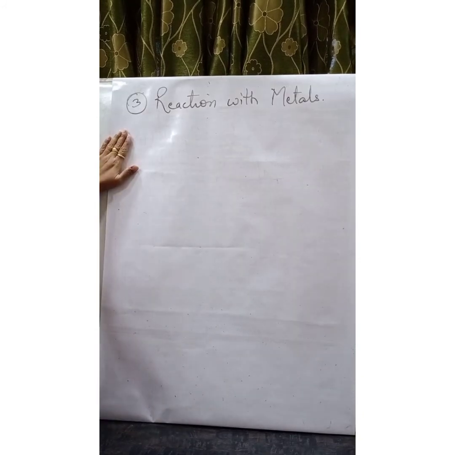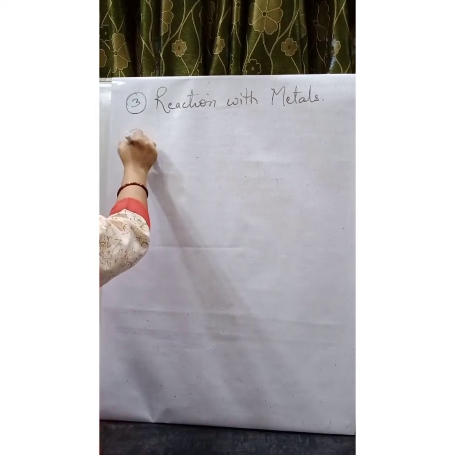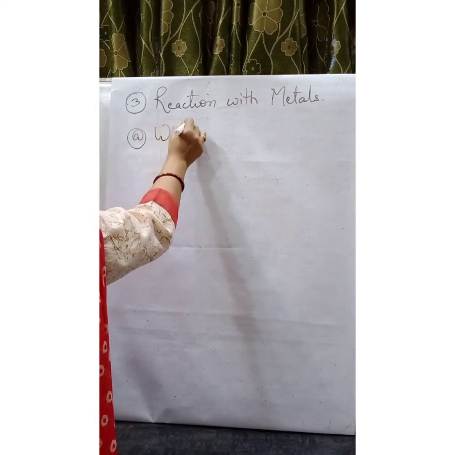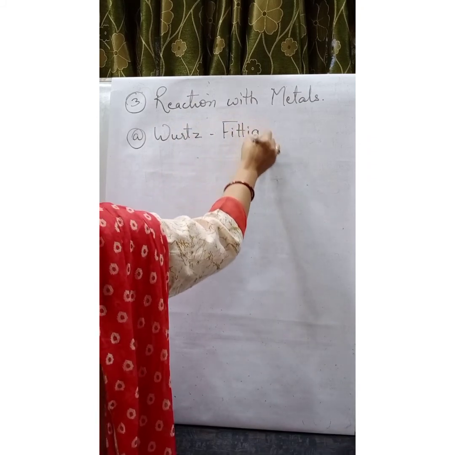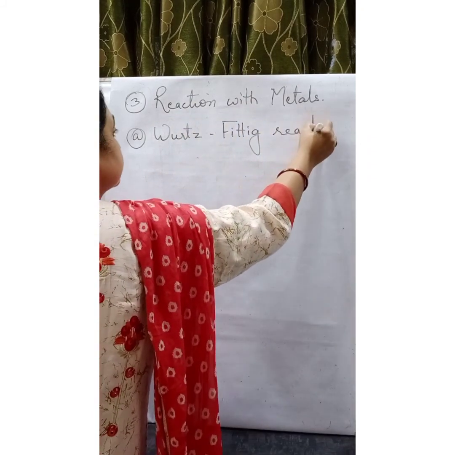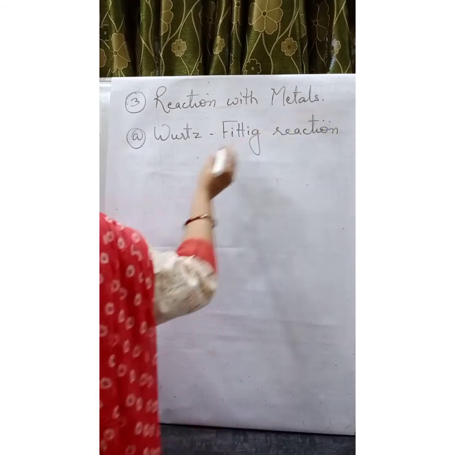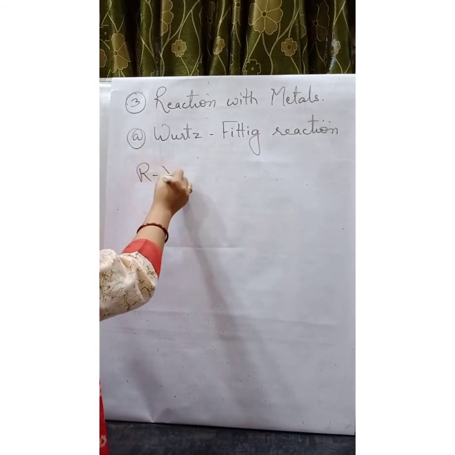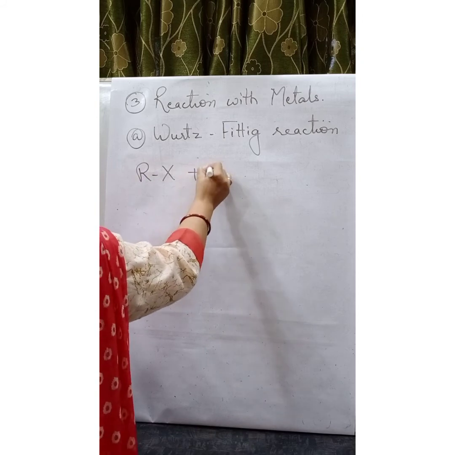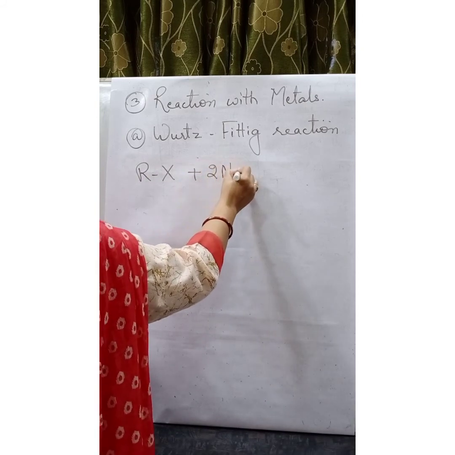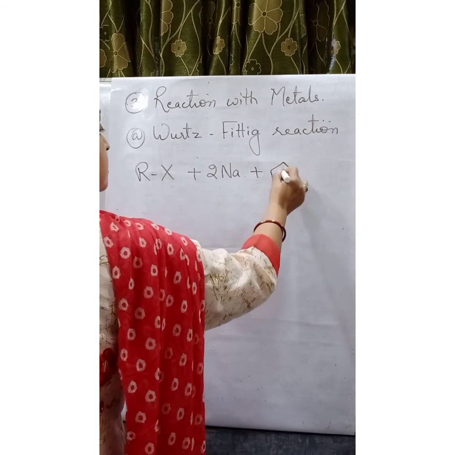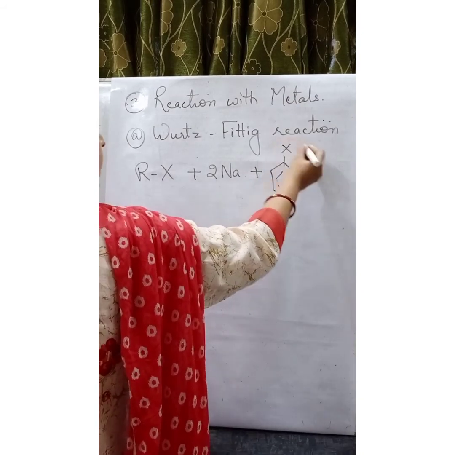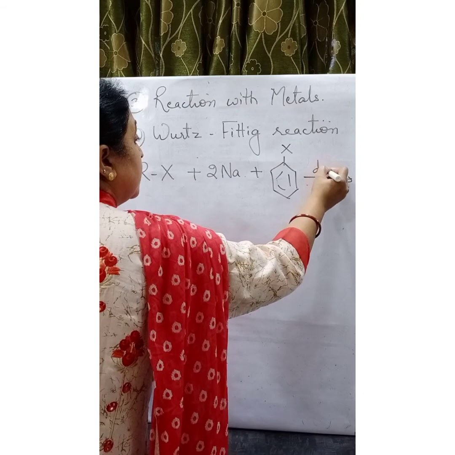Lastly, we have reaction of haloarenes with metals. In this, the first one is Wurtz-Fittig reaction. So RX is the haloalkane in presence of 2 moles of sodium and a haloarene in dry ether.